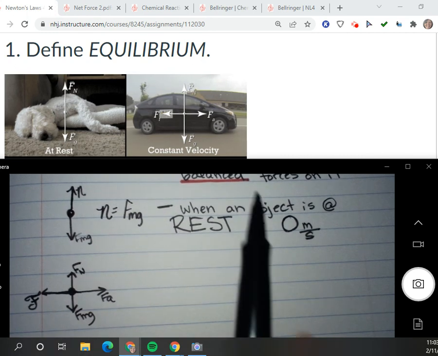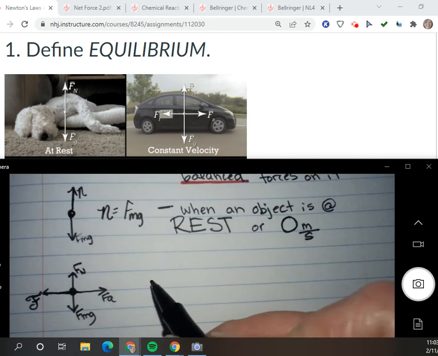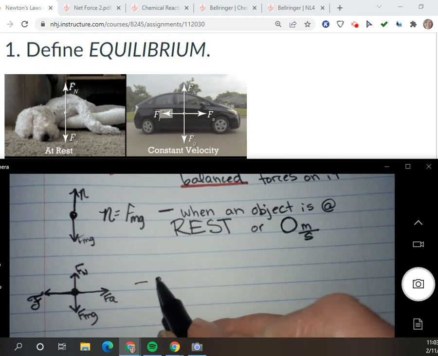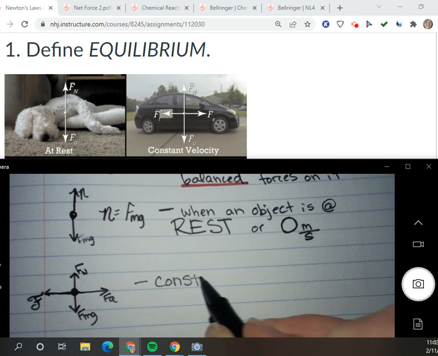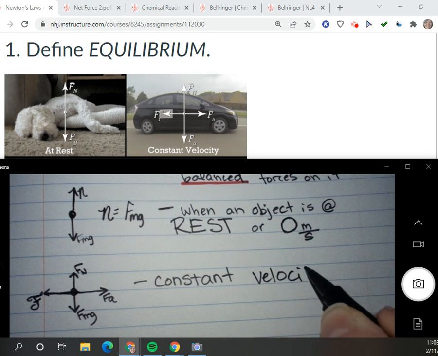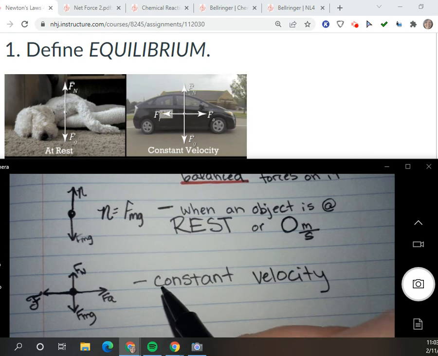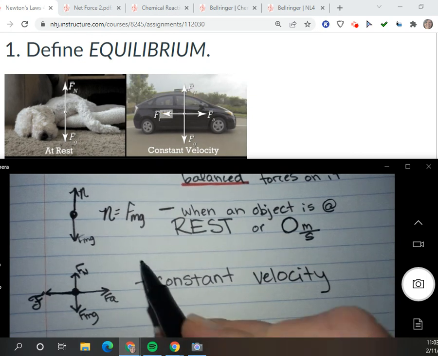The car's still moving forward. Okay? So if we have a constant velocity, friction equals acceleration. I should have written that first. We could do it right here.